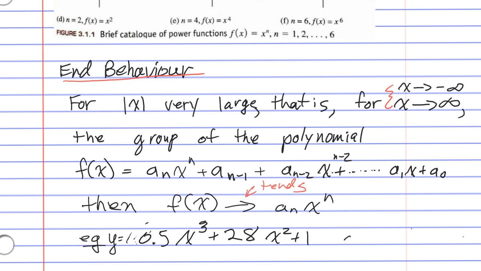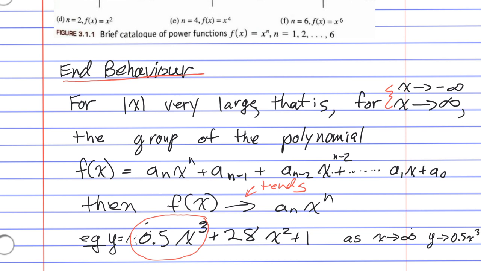So then you would say as x goes to infinity, y tends to the leading exponent, that's the highest value, with its coefficient as our final answer. So it looks like 0.5 x to the 3. We'll continue talking about this at a later time.